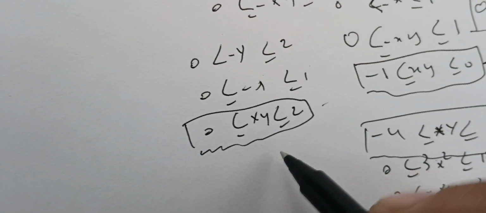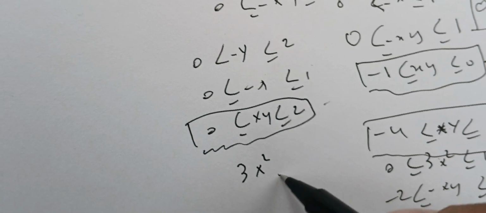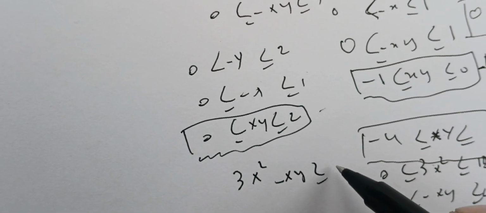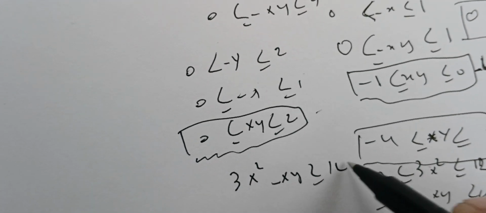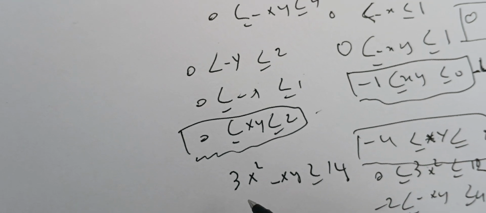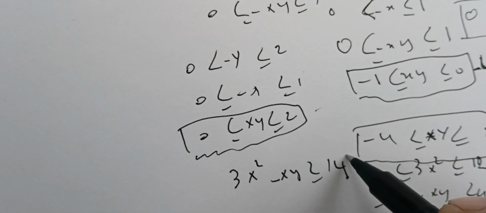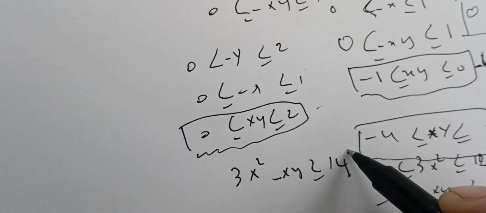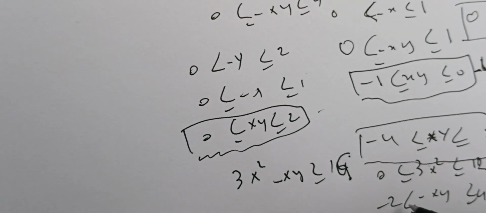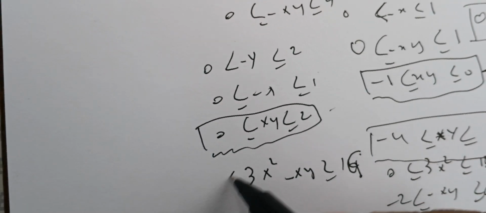Therefore, when we add these two, we're gonna have 3x squared minus xy is between minus 2 and 16. So 12 plus 4 is 16, and minus 2.